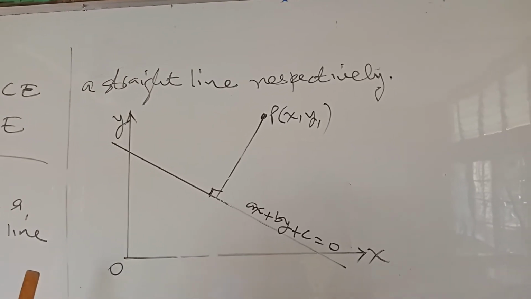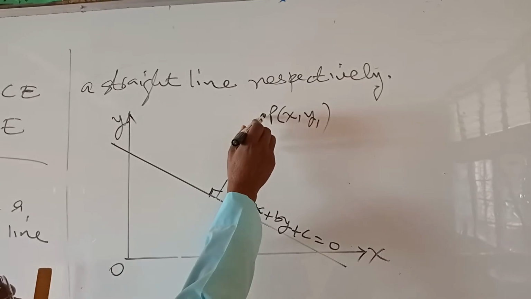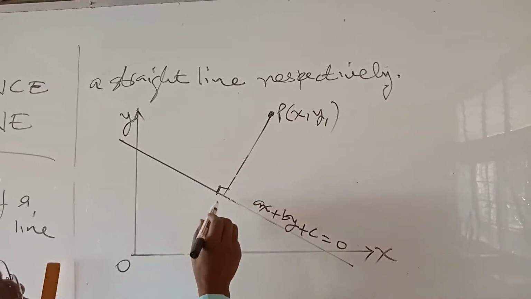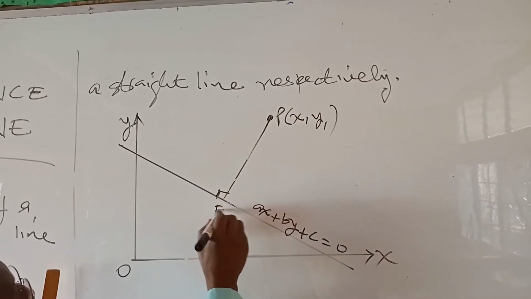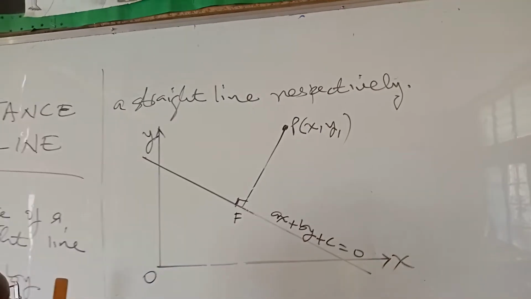So what we're saying is the distance between this point P and, let me call this one the foot of the perpendicular, so that's PF.